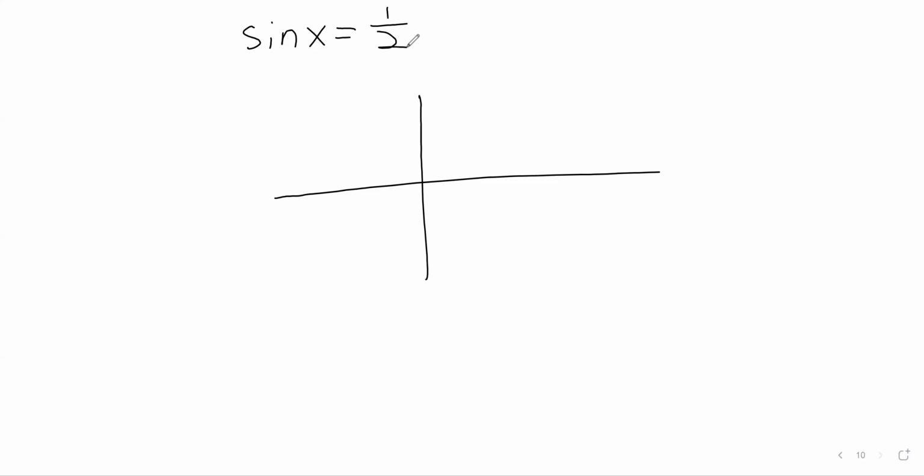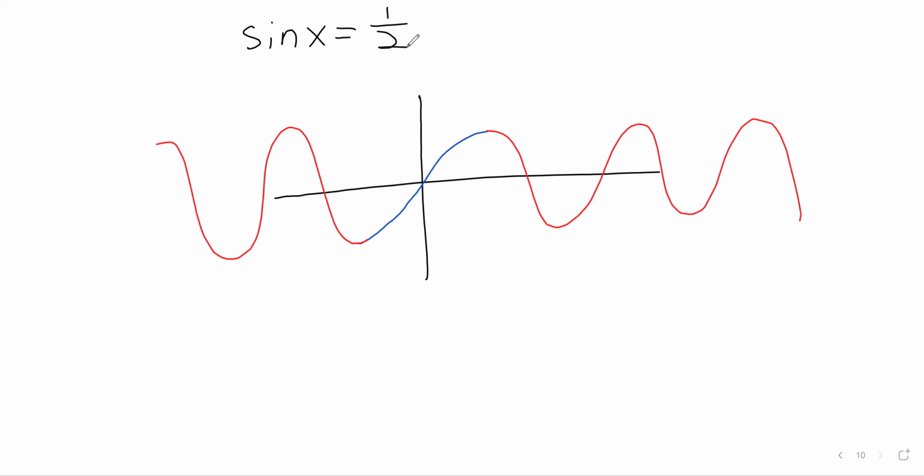We say, well, the sine function looks like that. And we want to know when the sine function equals 1/2. And the sine function equals 1/2 in an infinite number of places.